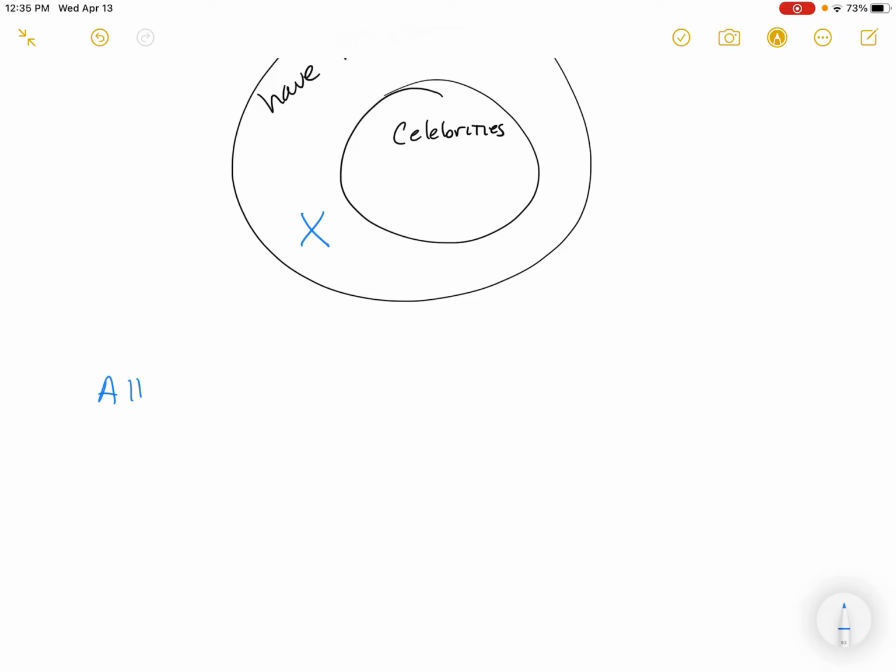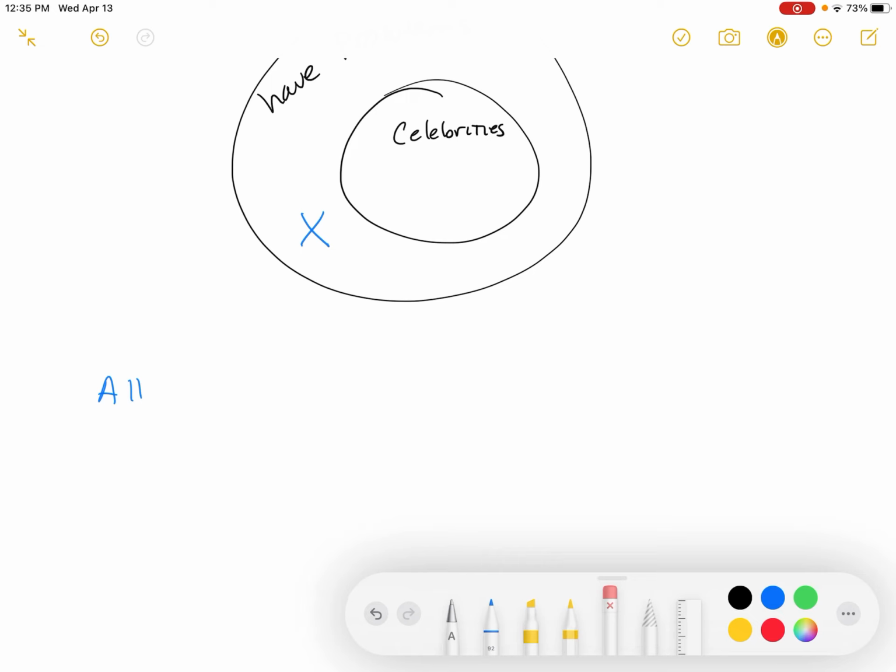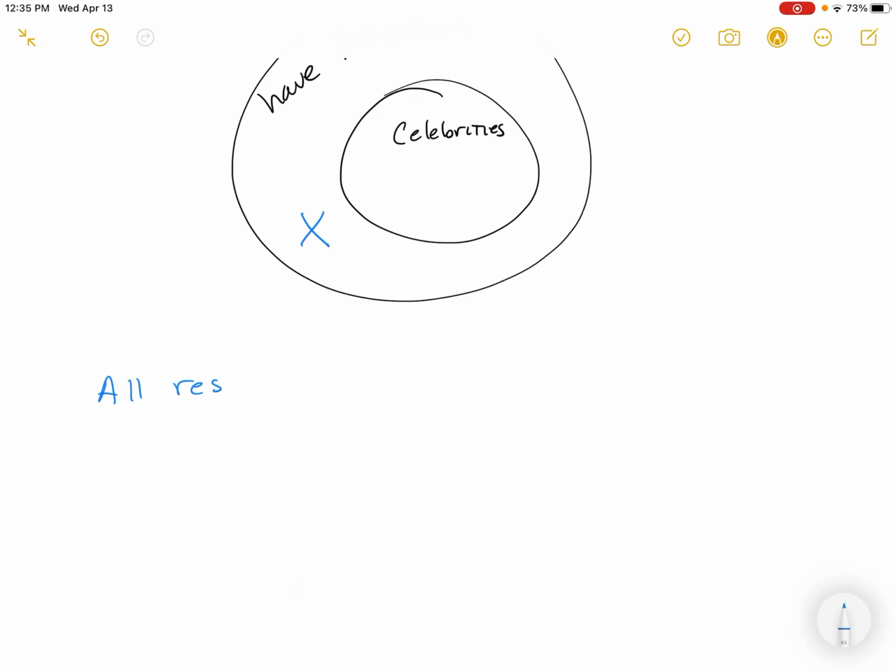What about this? All residents of Colorado know how to breathe in thin air.